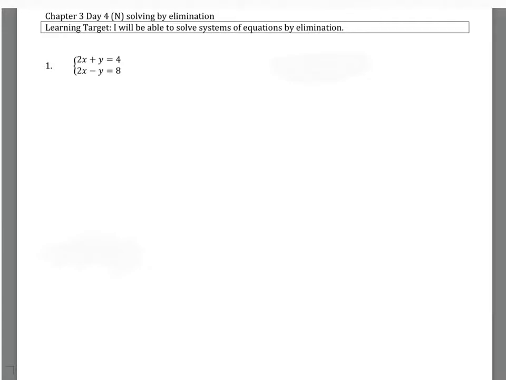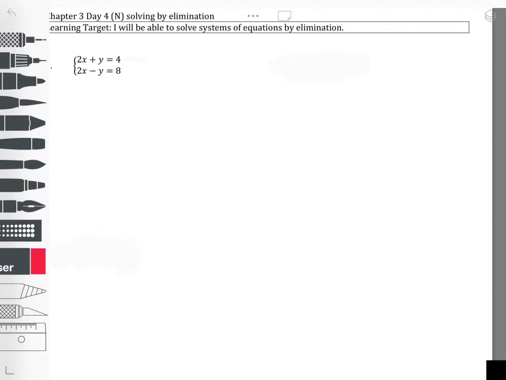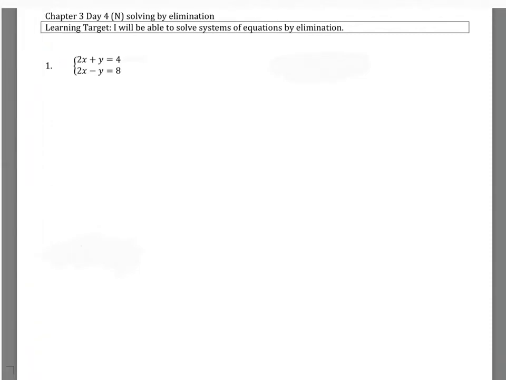First, I'm going to name my first equation as equation number 1, and the second equation as equation number 2.